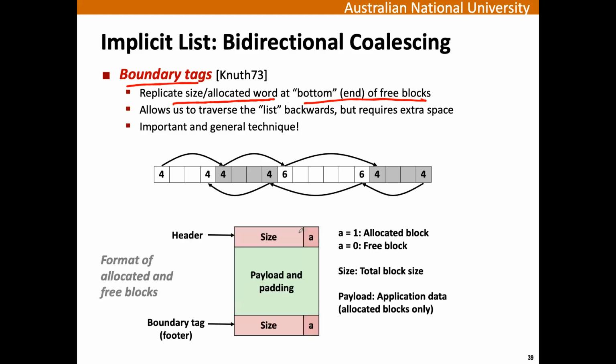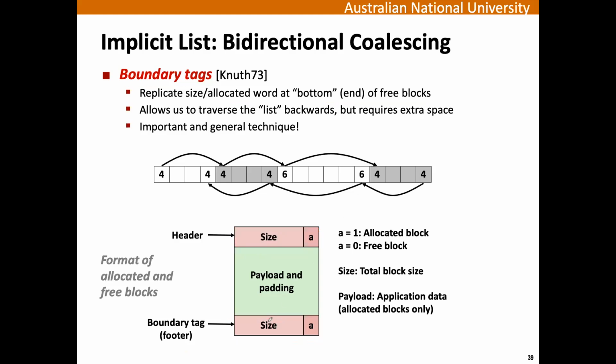And this is how it looks. We have the header already here with the allocated flag, and this is our payload and everything. And what we do is we add a footer to the end of the block. And this footer is a replication of the header, and this contains the size.